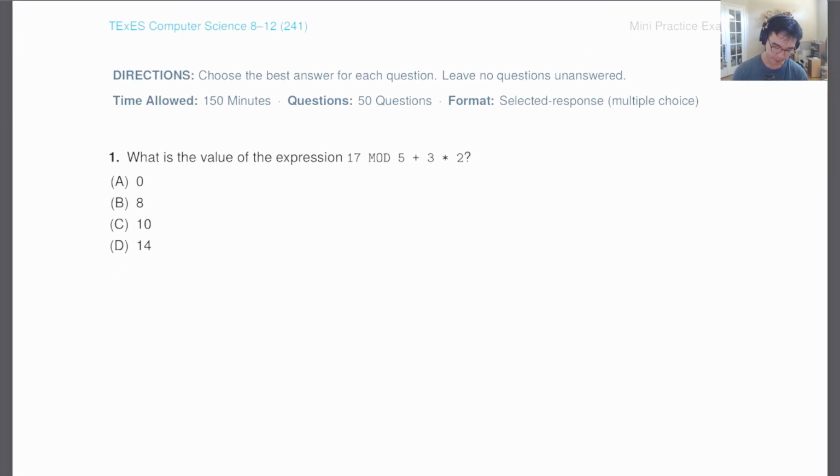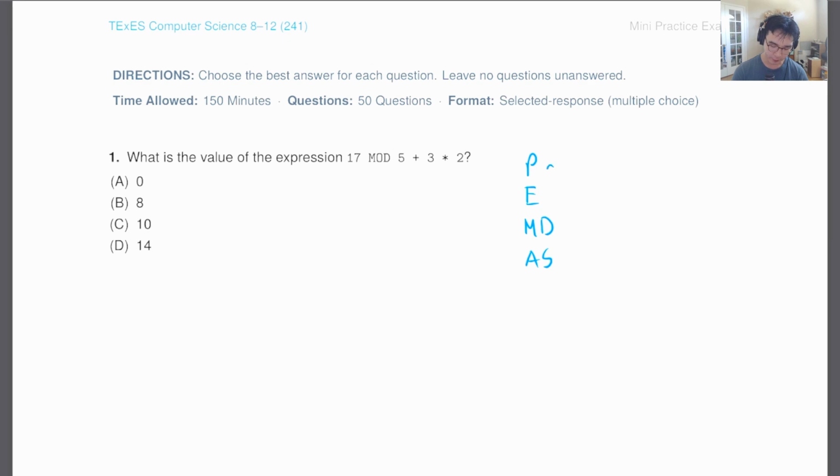So we have PEMDAS. This is a short acronym to help you remember the order of operations. And I'm writing it this way because of a specific reason I'll explain shortly.